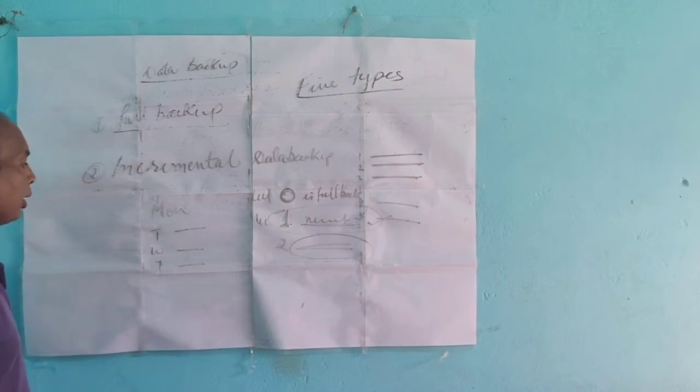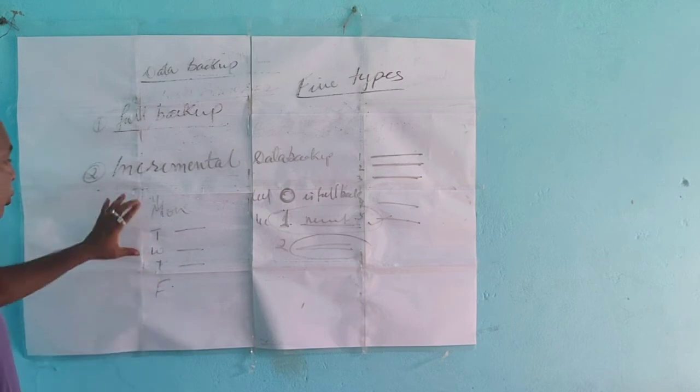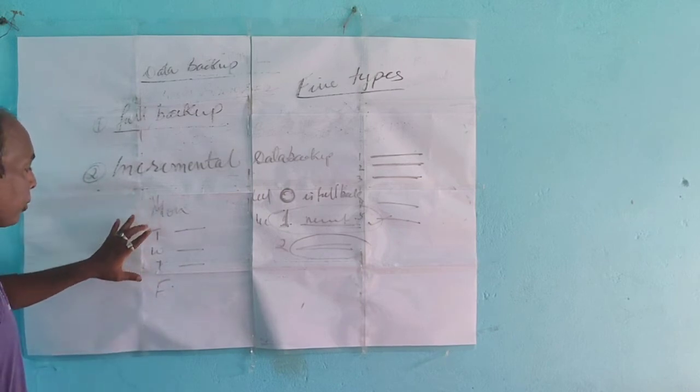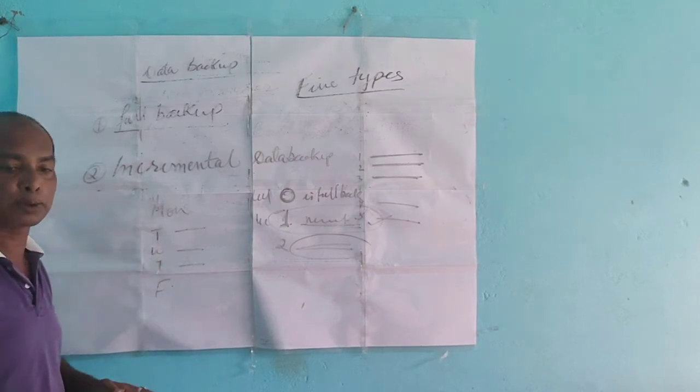If your PC crashes on Friday, you need to restore from Monday, Tuesday, Wednesday and Thursday. These 4 files you must have.